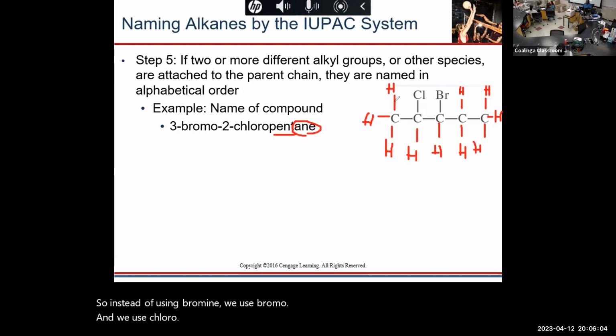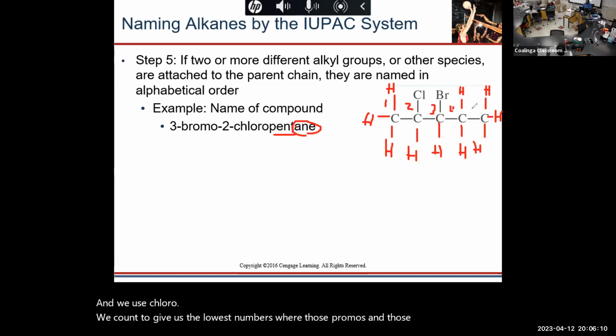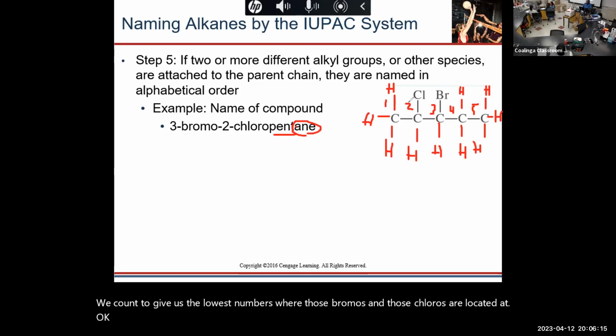We count to give us the lowest numbers where those bromos and chloros are located. So that's 1, 2, 3, 4, 5. So we have 2 chloro, 3 bromo. And again, it's done alphabetically. B is before C, so we're going to put the bromo first.